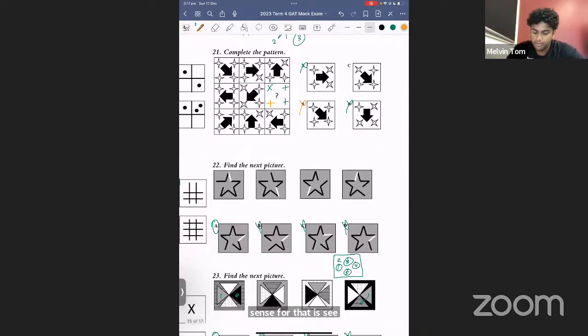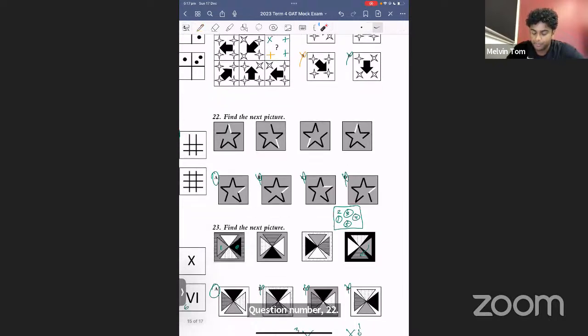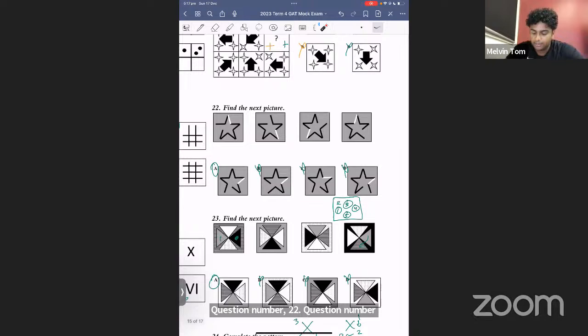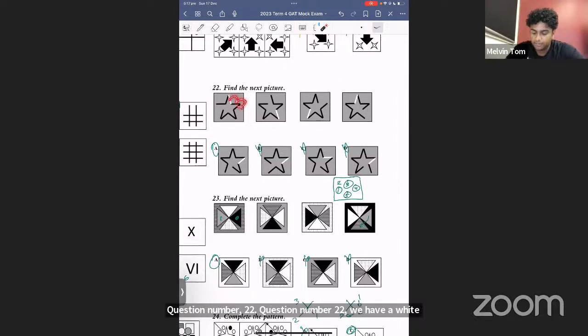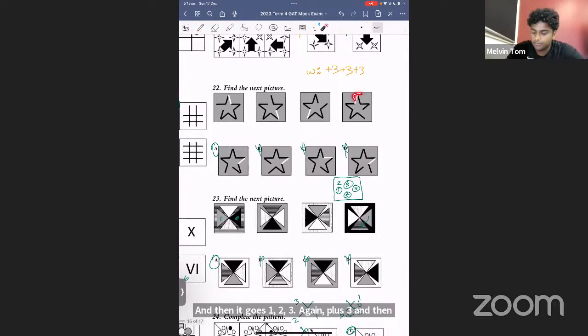Question number 22. We have a white line that goes +1, +2, +3. So the white line goes +3, and then it goes from here, 1, 2, 3, again +3, and then it goes 1, 2, 3, again +3, and then it should go 1, 2, 3.